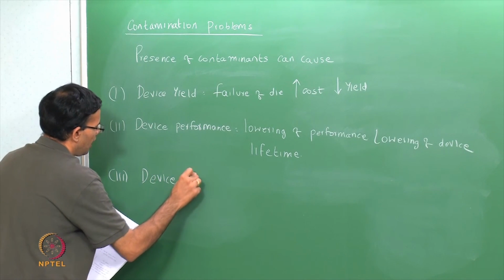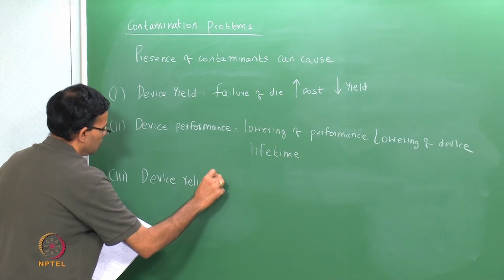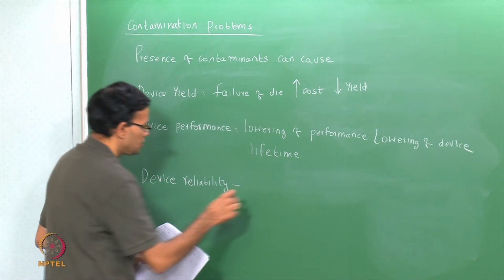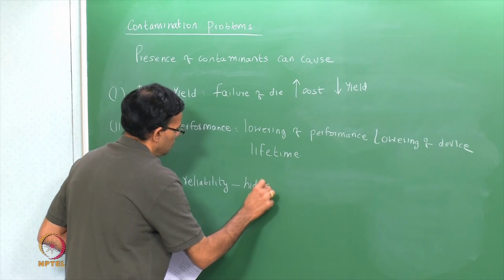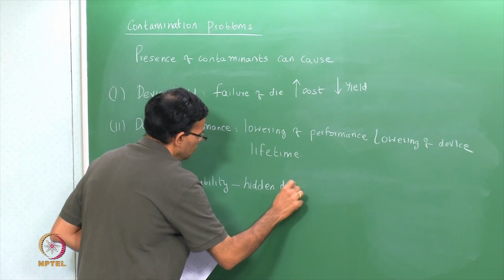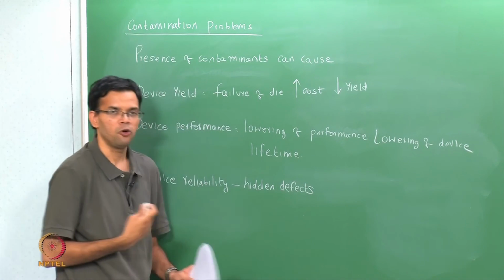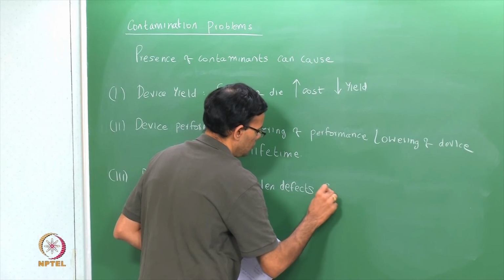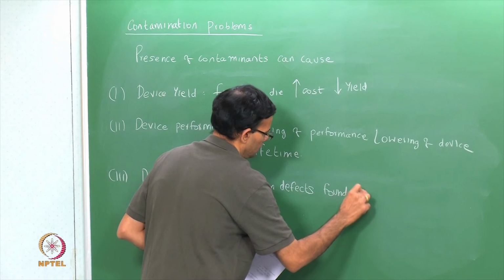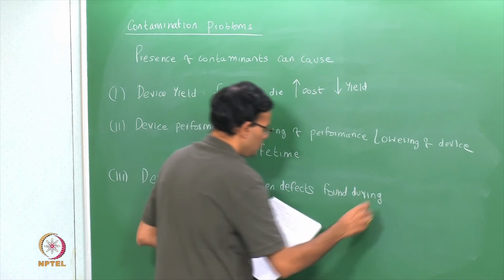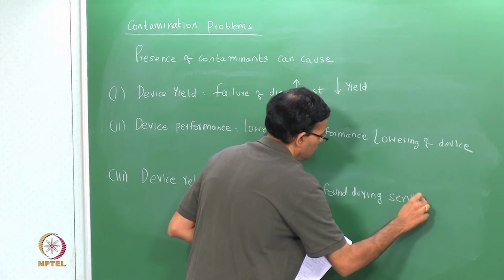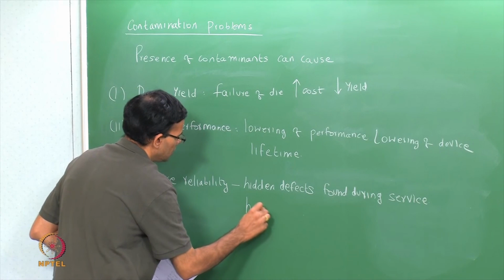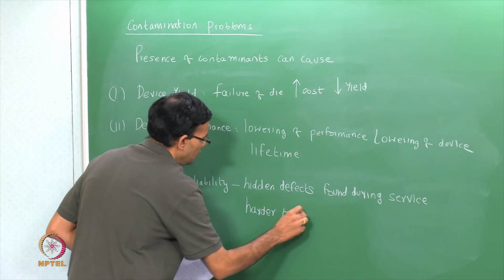but the most pernicious problem due to contamination is when it affects device reliability. So, these are essentially hidden defects which are known only during the service of the device. They are much harder to detect because the device still works, so yield is not an issue.